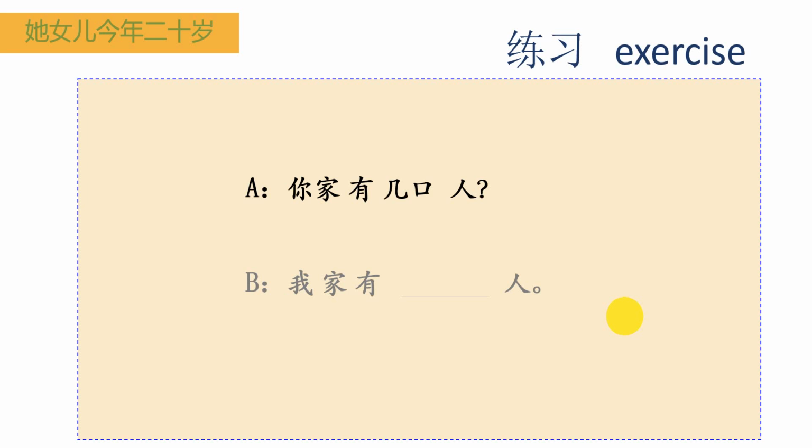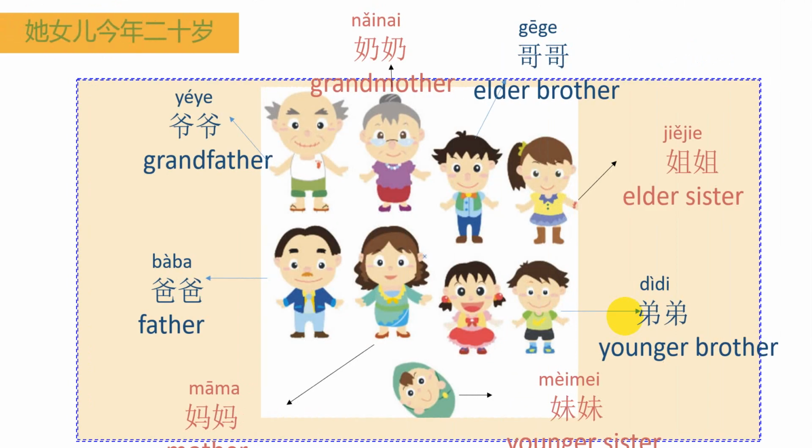It's a big family. 9口人. So there may be many family members, like father, mother, sister, brother. Next, I want to introduce some family members. Maybe this one is me, and this one is the girl. This one is her family.